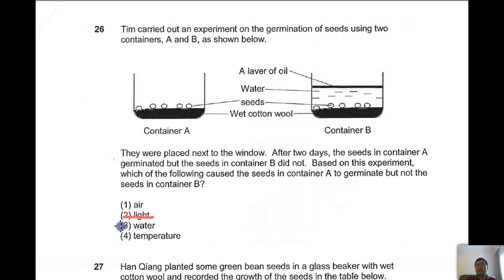Water, both are exposed to water, and in fact this one has too much water. And temperature, both are in the same location. Probably this one is slightly cooler because of water, but the temperatures are the same. So it is the presence of air in the state of air form, not inside liquid. Air is needed, that is the difference. This one does not allow the air from outside to get into the seed.